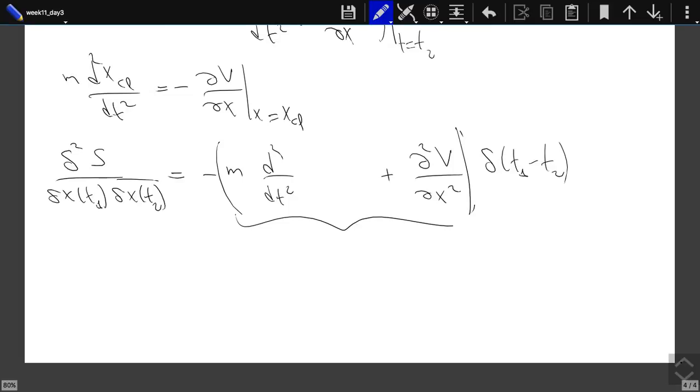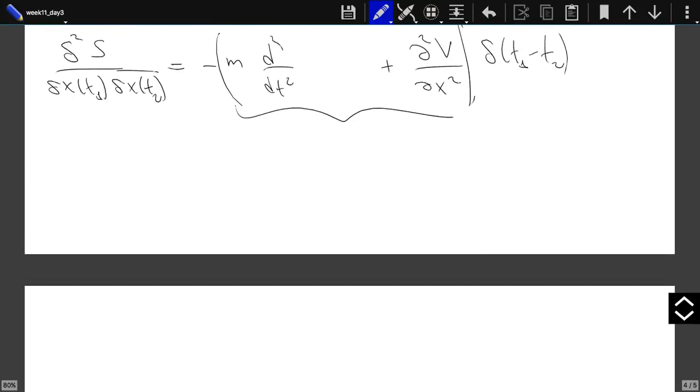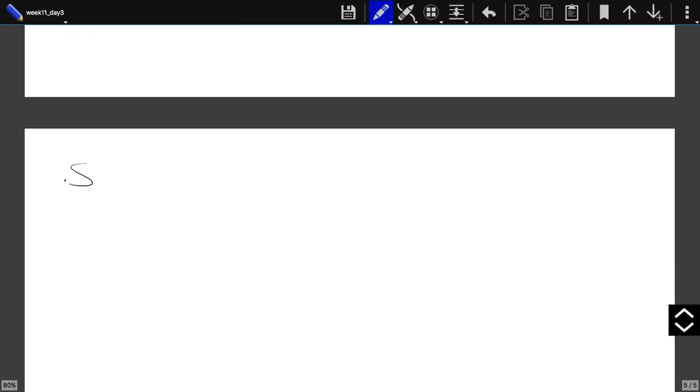Now let us do it for the harmonic oscillator. For the harmonic oscillator, this will be exact anyway. So let's start with S equal to the integral dt of 1 over 2 m x dot squared plus 1 over 2 m omega squared x squared.